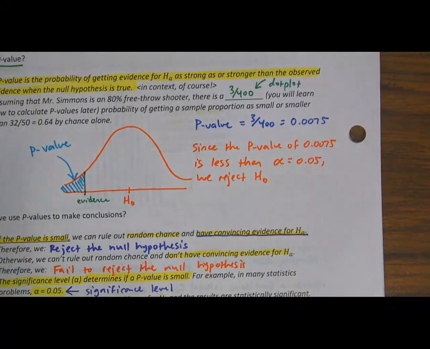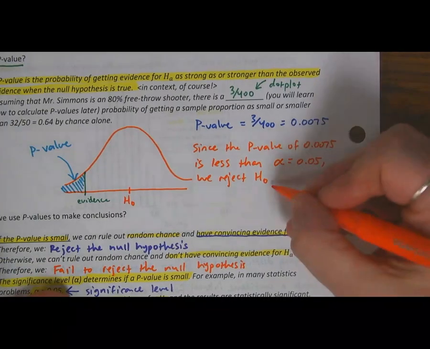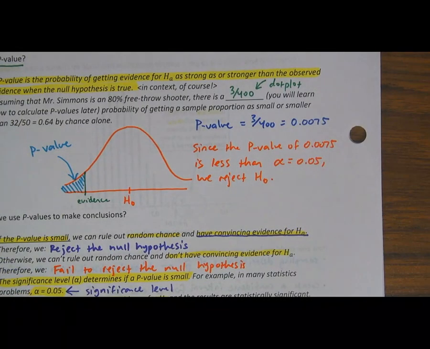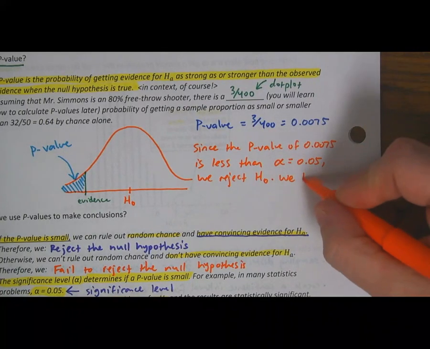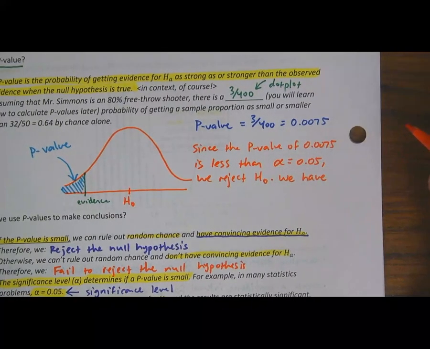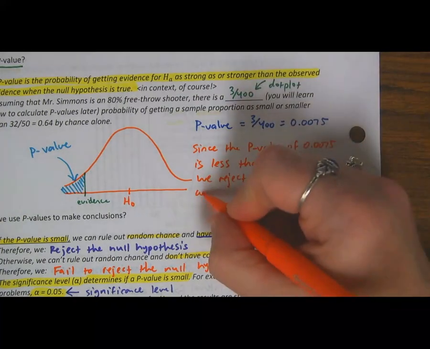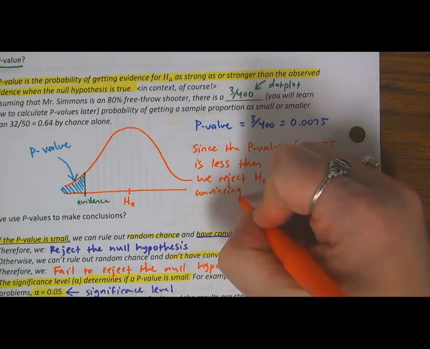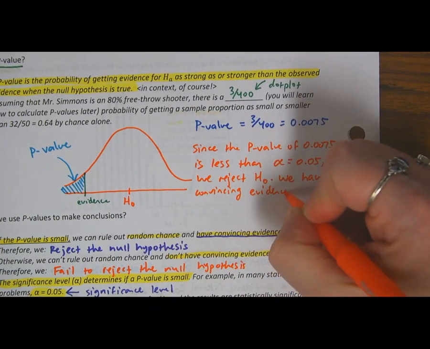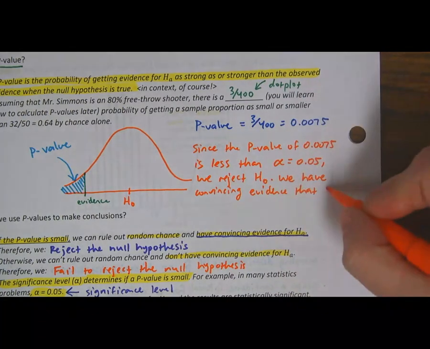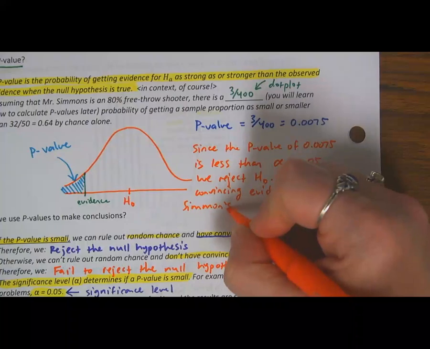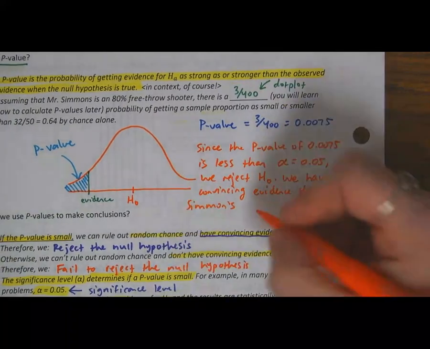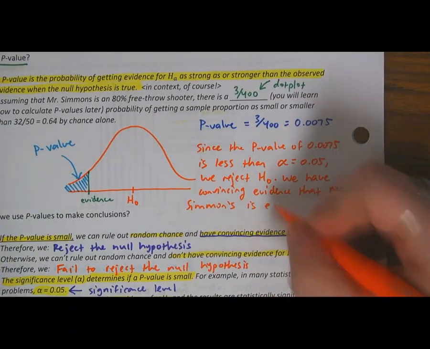And you don't have to put that one in context because the guts of it is this very last sentence. We have convincing evidence, or you could put there is convincing evidence that, let's put it in context, Mr. Simmons is exaggerating.